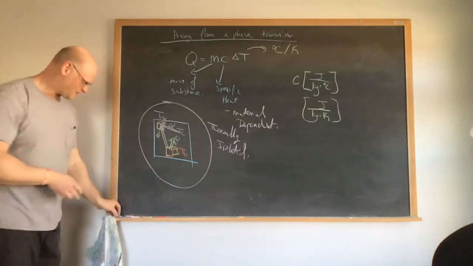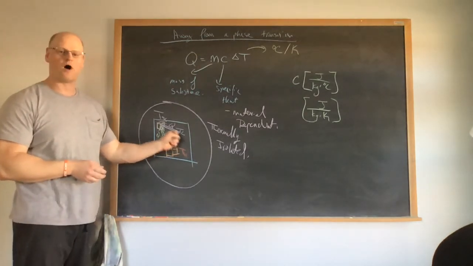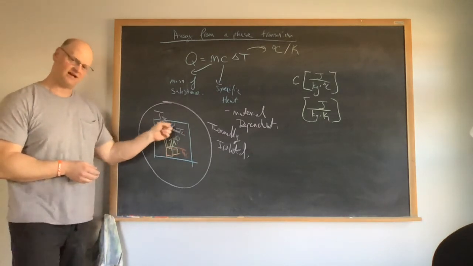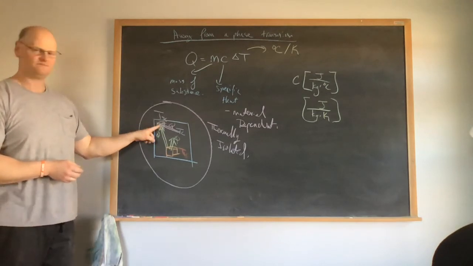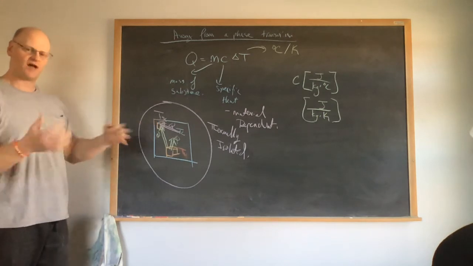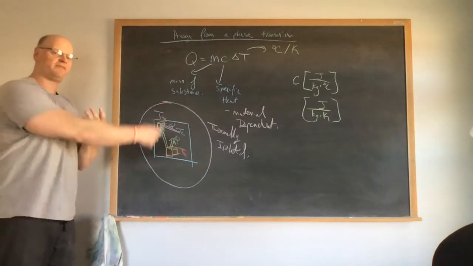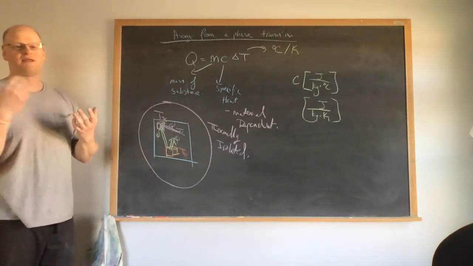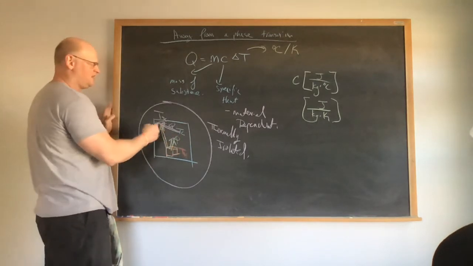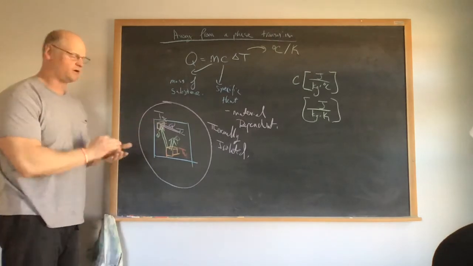So basically some of the heat flowing off from the aluminum will go into the water as well as into the ice. But since the water, again, is at a higher temperature than the ice, some of its heat will also flow into the ice. So the ice is going to gain heat from both the water and the aluminum, but the water is going to gain heat from the aluminum. So basically this one's going to divert its heat in different directions, where this one is going to have all of its heat sent directly into the ice, until eventually what will happen is what?